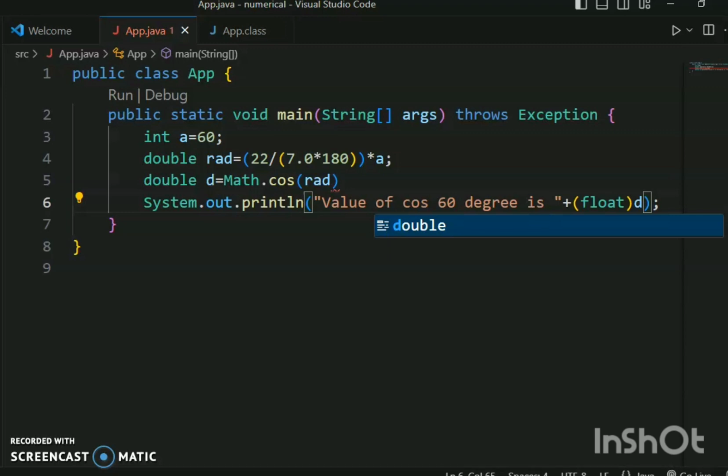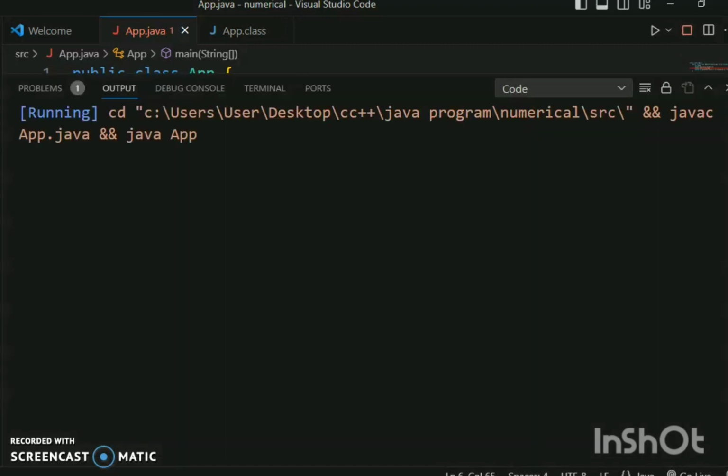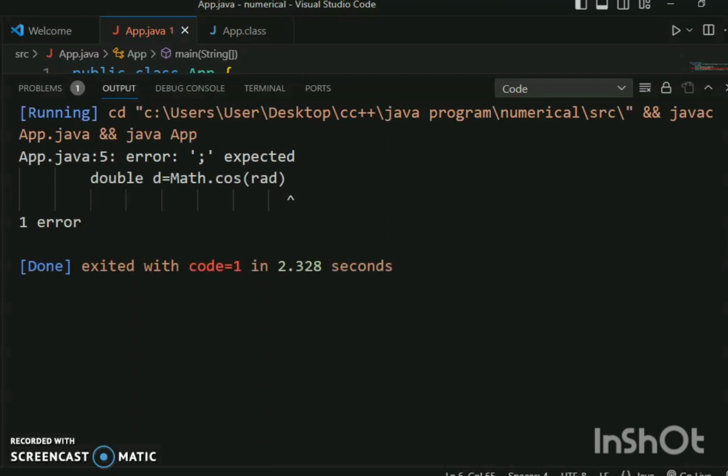You have to remember that this is the angle, the angle assigned in degree. Suppose I want to find out 60 degree. And this is the conversion of angle between degree to radian. So what is my answer? Some error is expected.